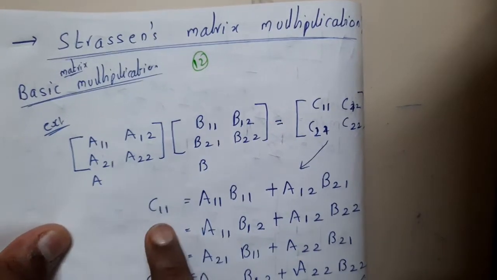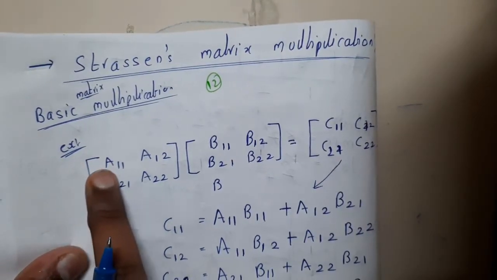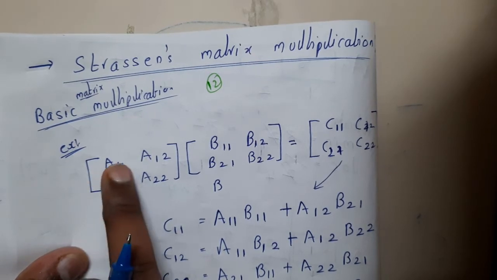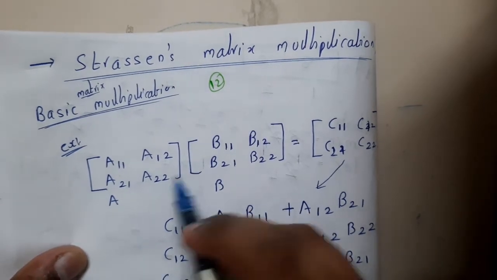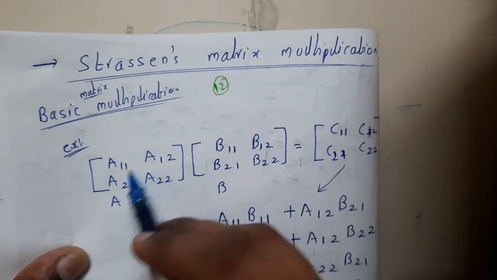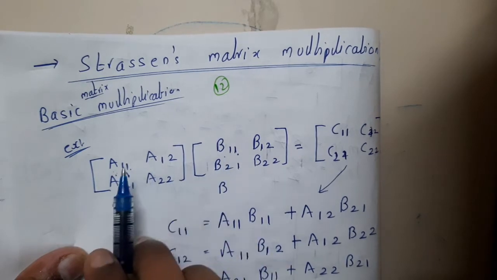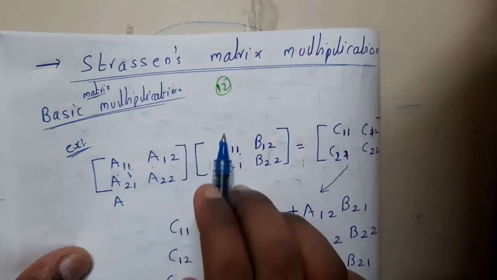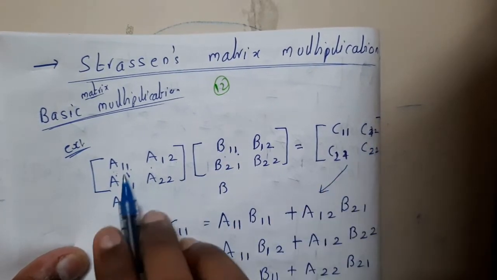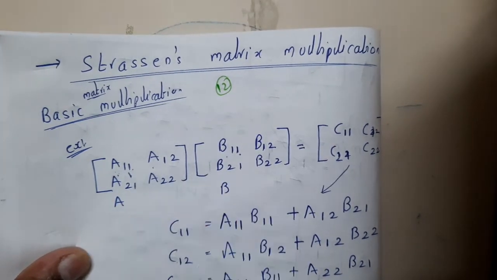Everyone knows what C11 is. C11 is nothing but A11 into B11 plus A12 into B21. So this row into this column. Similarly, this row into this column will be C21, and this row into this column equals C22.